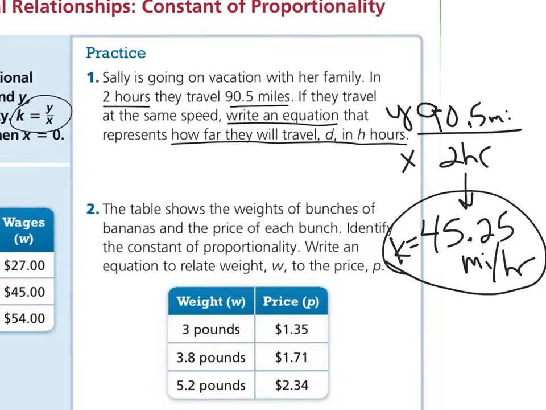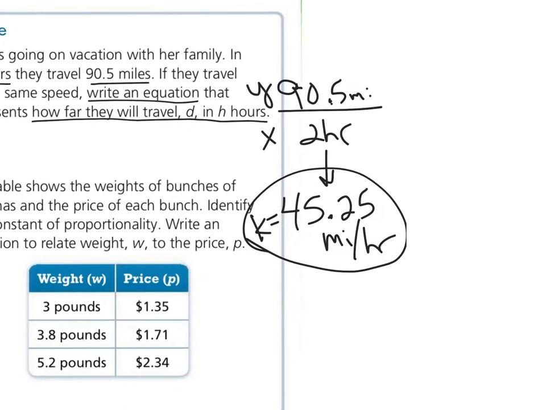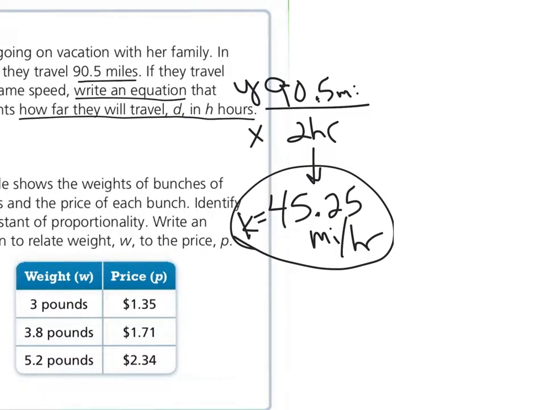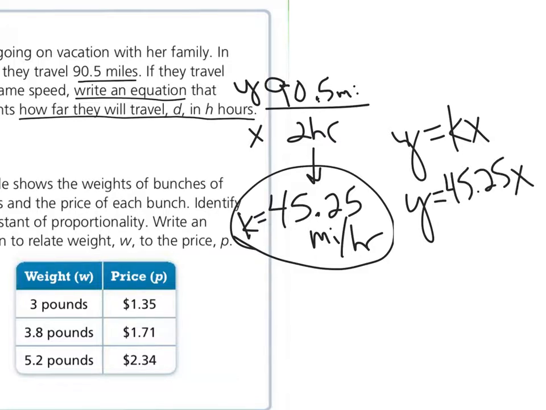So if that's our k value, and normally we've got y equals kx, our equation, normally we could just say our equation is y equals 45.25x. What's different is they're changing up our variables. They want a d for distance and an h for hours. So distance, that would be miles. So that's going to go in place of our y.